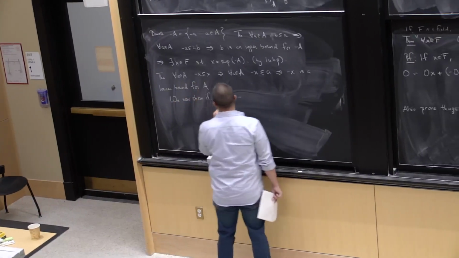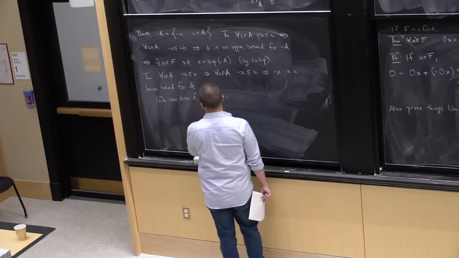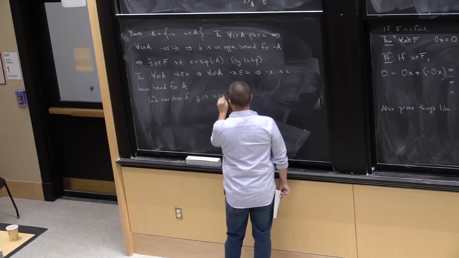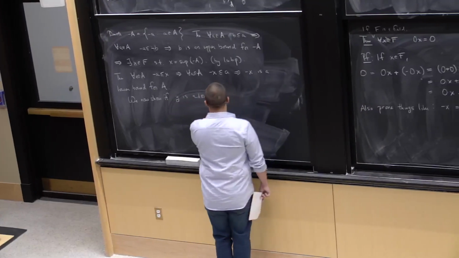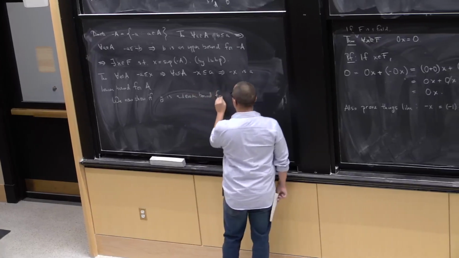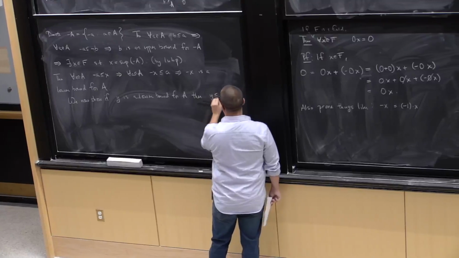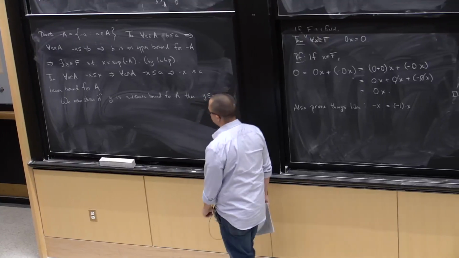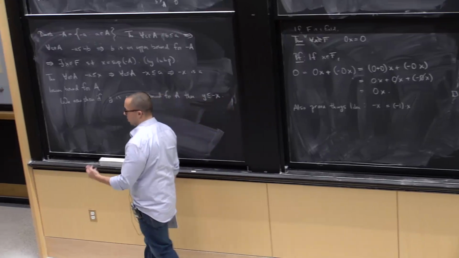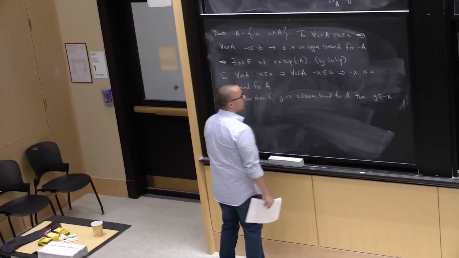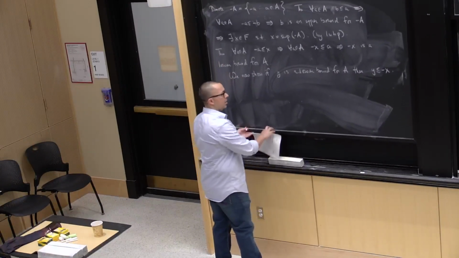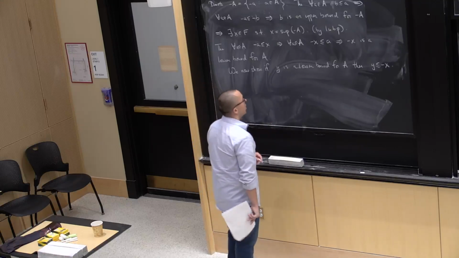Now show that if, let's call it something else, if Y is a lower bound for A, then Y is less than or equal to minus X. And then that concludes the proof showing that minus X is in fact the infimum of A, and therefore A has an infimum.